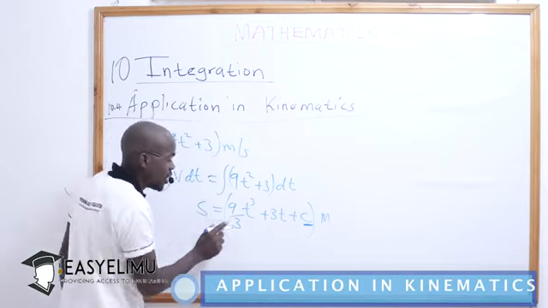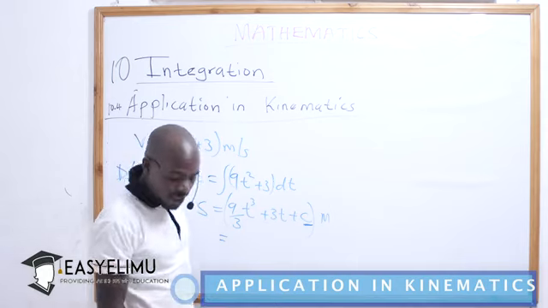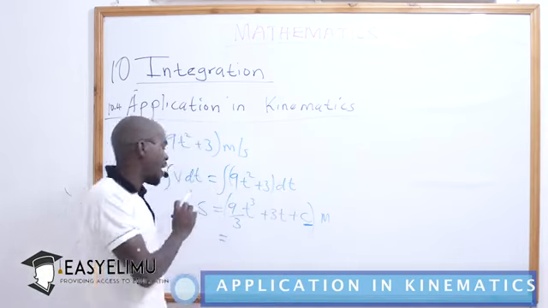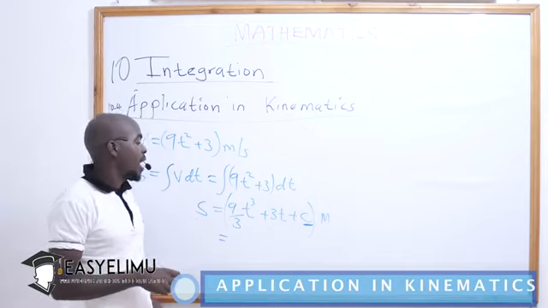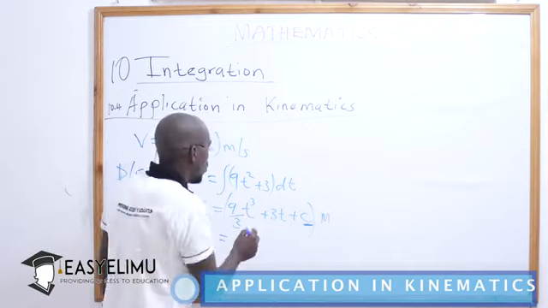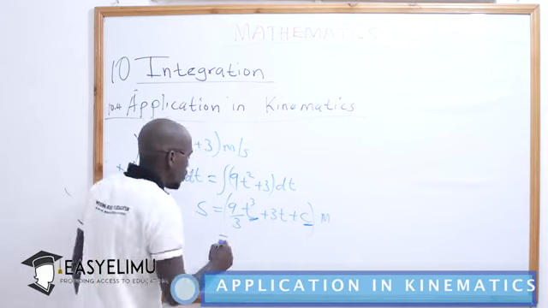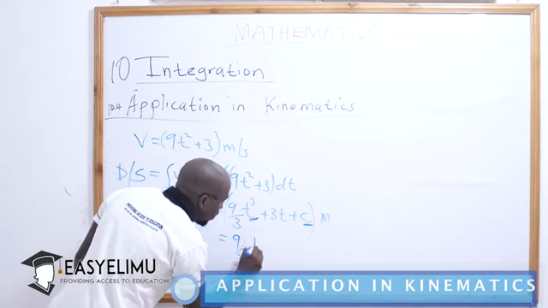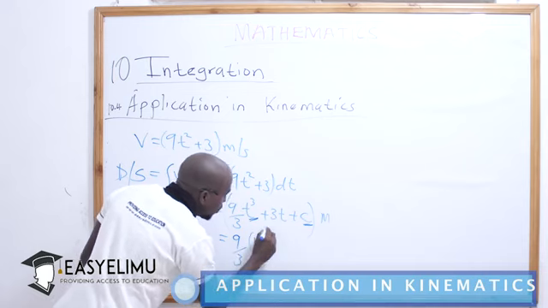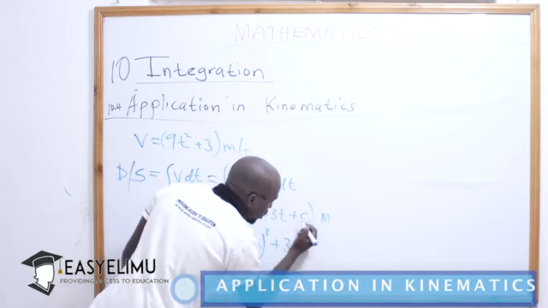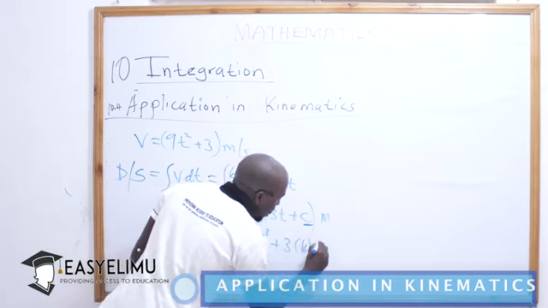So what we shall do is replace t with 4 to find the distance covered at the 4th second. So it will be 9 over 3 times 4 cubed plus 3 times 4, plus c.